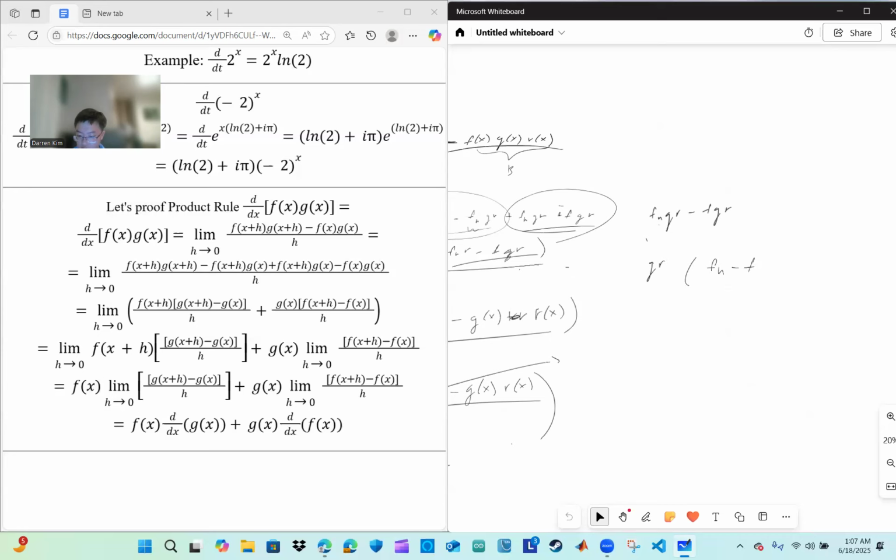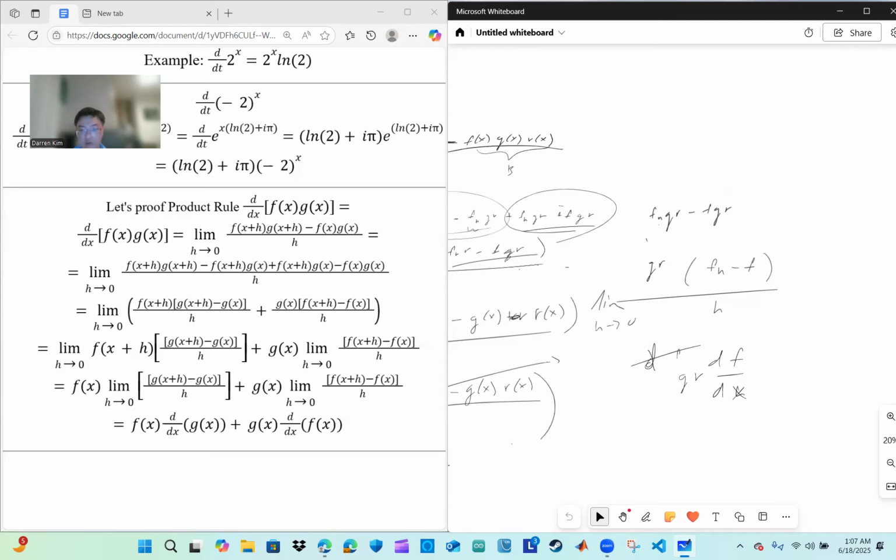And remember, we're dividing by h here, which if you take a limit of that, h goes to 0, we get the derivative of f divided by dx, times g and r.